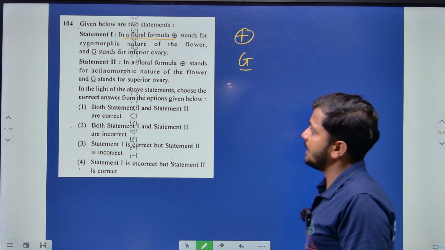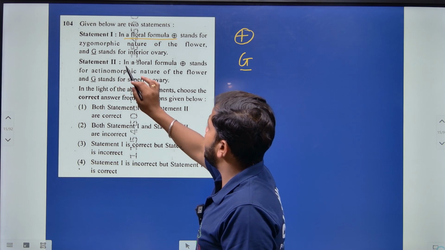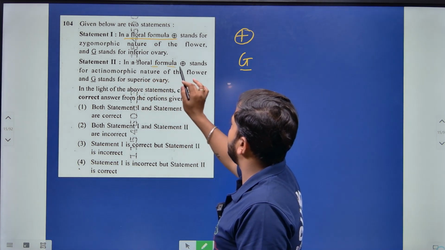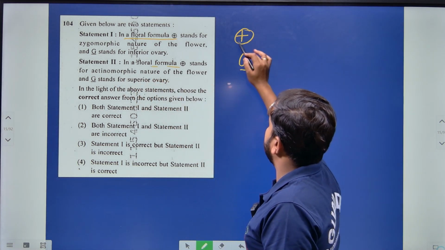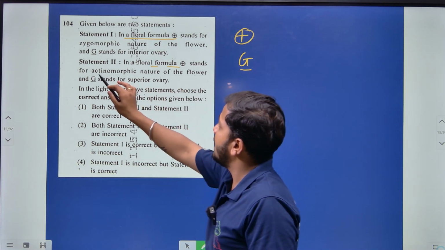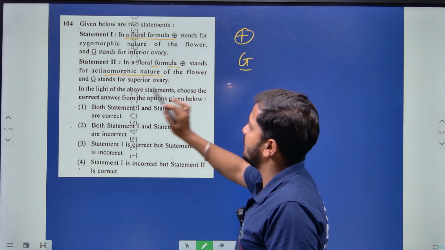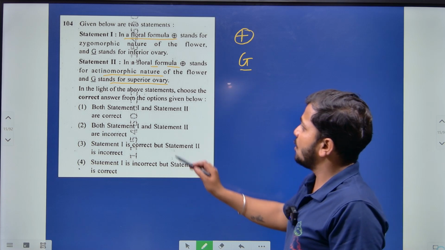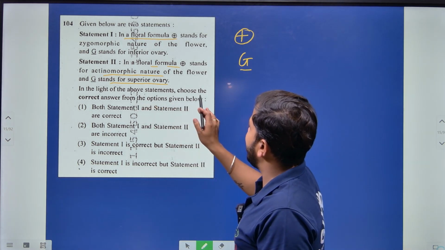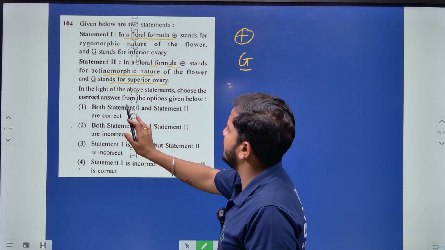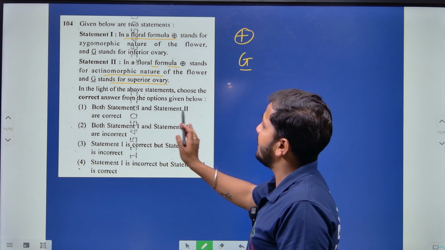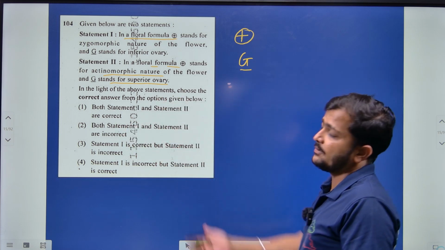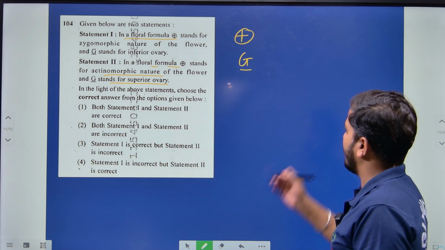Statement 2 says that in the floral formula the plus and circle stands for the actinomorphic nature of the flower, and G with a dash stands for a superior ovary. In light of the above statements, we have to see which is correct and which is wrong.